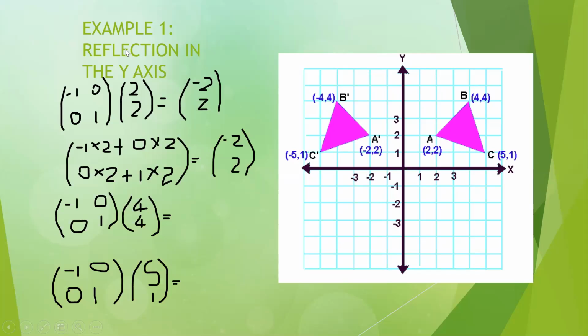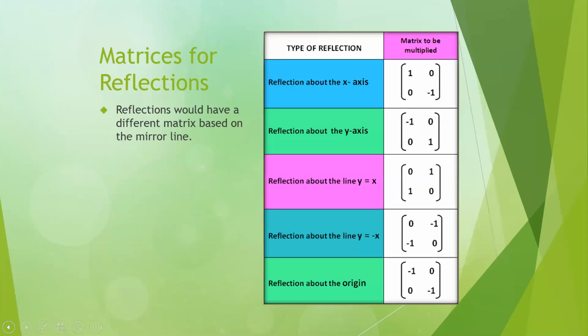Because they told you it's a reflection in the y-axis, you are going to use the matrix for the y-axis reflection. Remember, every reflection has its own matrix. So reflection in the y-axis, this is it: the one with -1 first, and then 0, 0, 1.